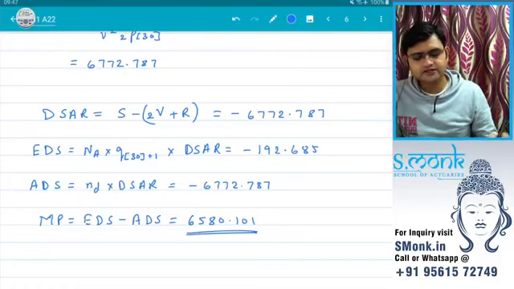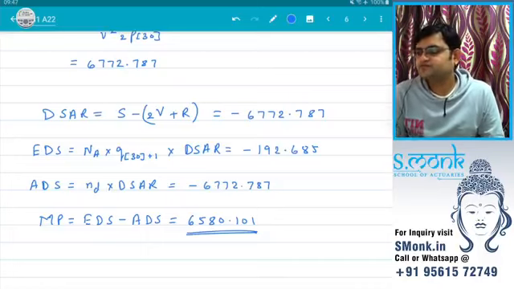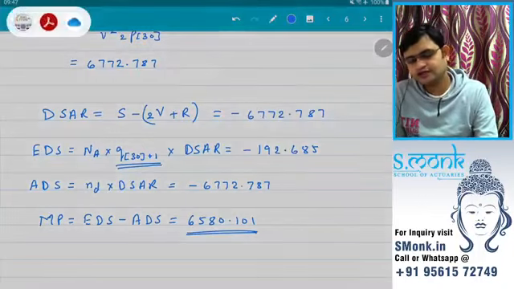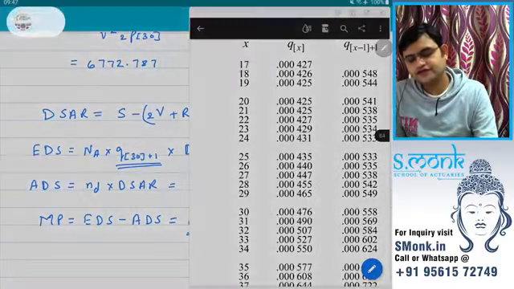Because what happened here was we were expecting less than one death. Out of 50 people, Q 30 plus 1 was a very small value, right? Q 30 plus 1 was 0.000569.